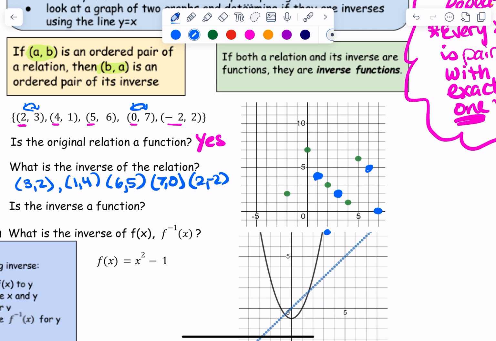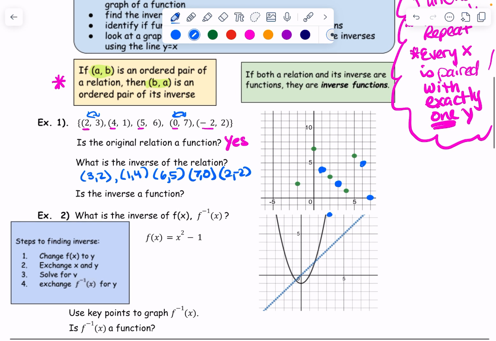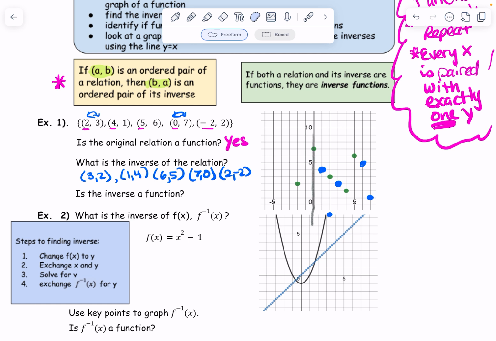Now we're going to try to see if this is a function. Well, we'll do the same exact thing that we did before. We're going to take that x value and take it all the way through. It hits once on the blue, once on the blue, once on the blue, once on the blue, once on the blue. So the answer is yes on this one, right? But we could have also looked at the x's and seen that the x's did not repeat.